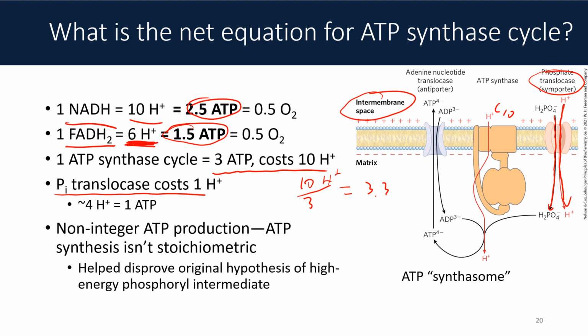So all in total, it actually costs around 4 protons to generate 1 equivalent of ATP. More accurately, it's going to be closer to 4.3 protons per ATP.